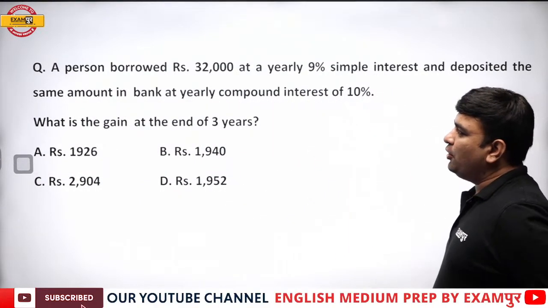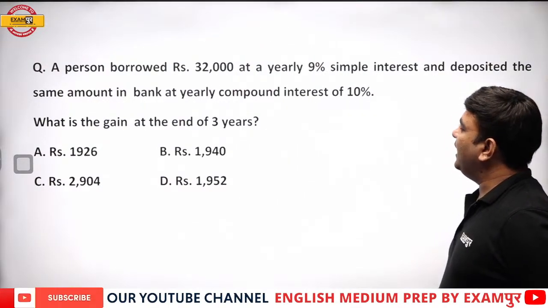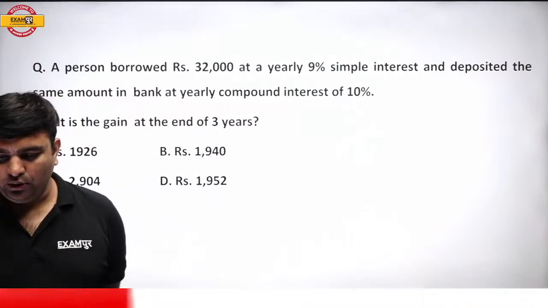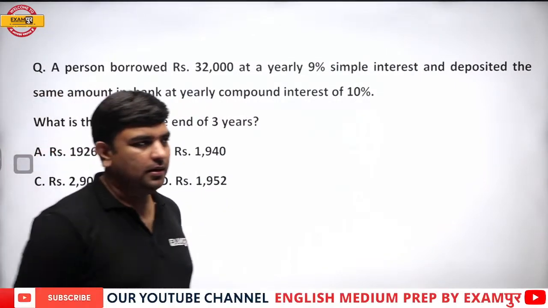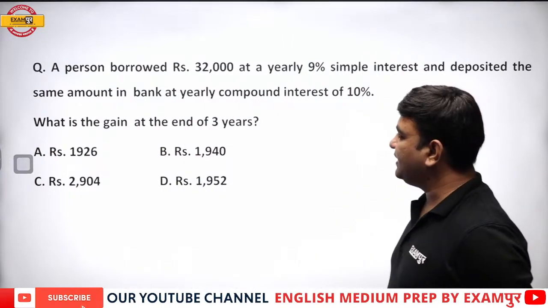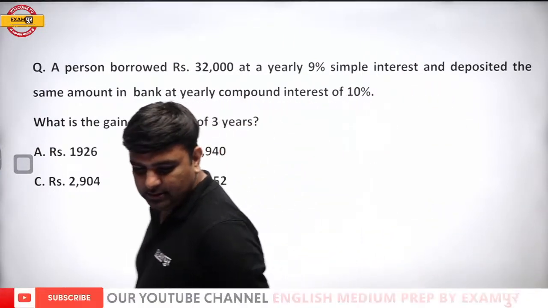A person borrowed 32,000 at a yearly 9% simple interest and deposited the same amount in a bank at a compound interest of 10%. What is the gain at the end of 3 years?